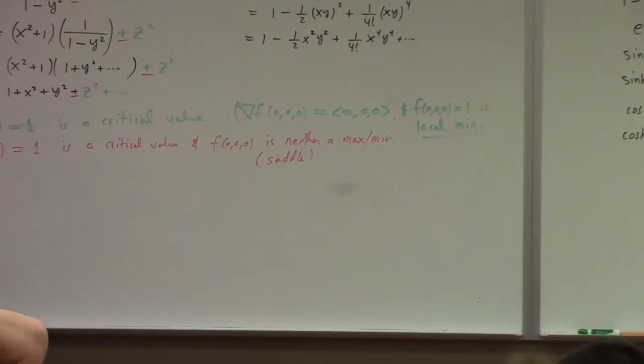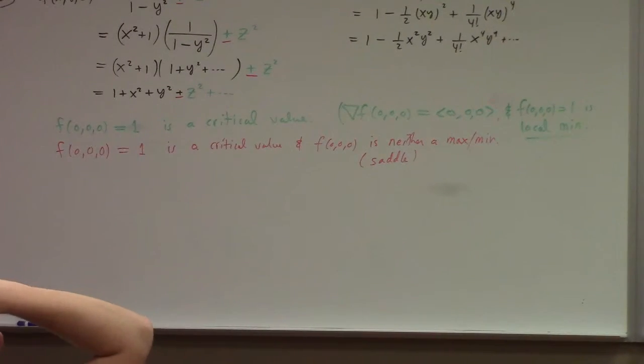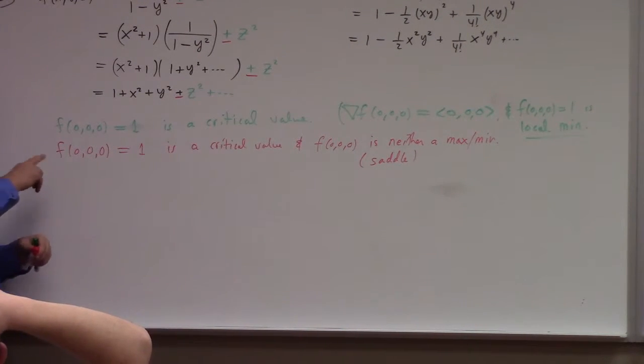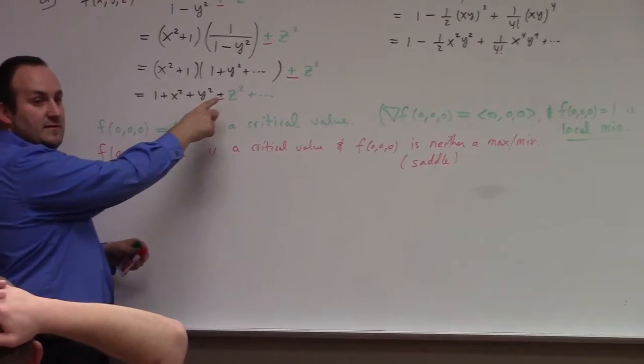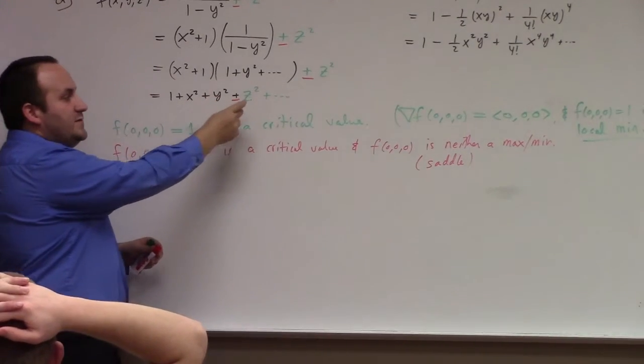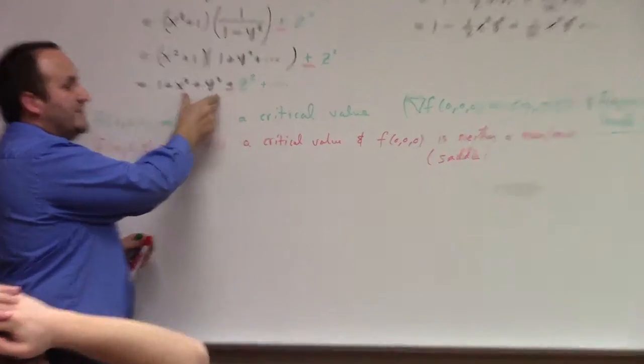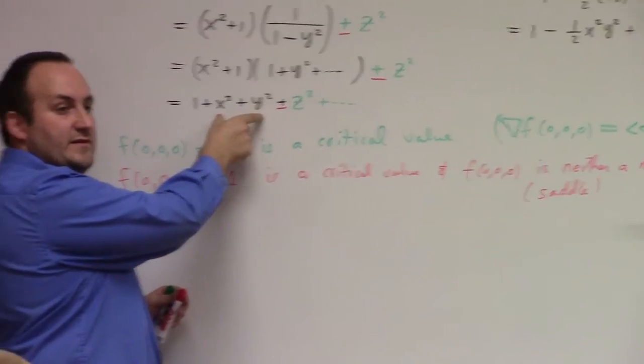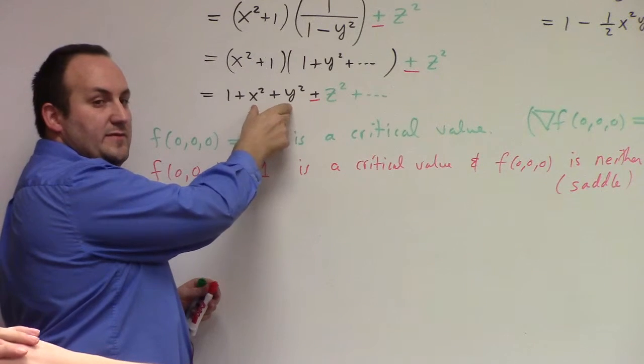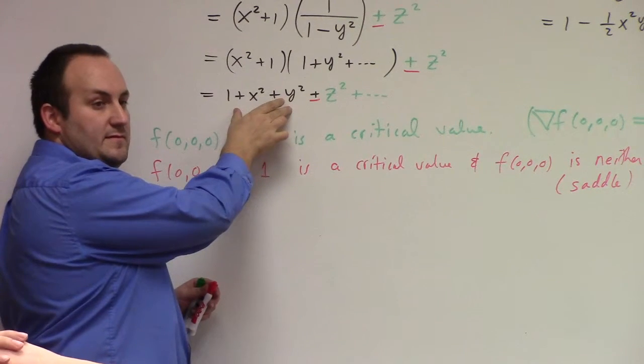Although, I don't know where you're visualizing that. W equals f of x, y, z is like a four-dimensional thing, right? So it's some kind of four-dimensional saddle, or well, three-dimensional saddle in a four-dimensional space. How do I know that that's not a max or min? Well, think about it. If I've got a minus here, what happens? If I choose z equals 0, and I choose x and y non-zero, I'm getting values a little bit bigger than 1, close to the critical point.